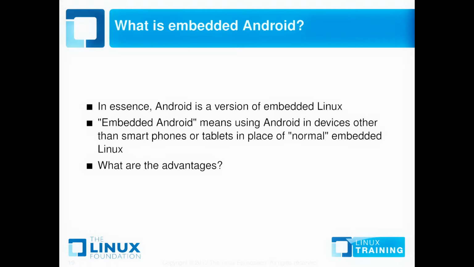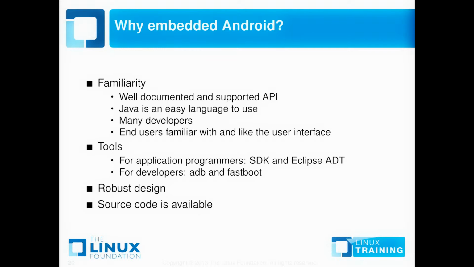So why would you want to do this? What are the advantages? The key thing really is the familiarity of the system. From the user point of view, many millions of people are using Android devices. So the UI is familiar, people are happy with it. From the developer point of view, the APIs are well documented, they're available online, and there are many developers who know how to develop Android applications.